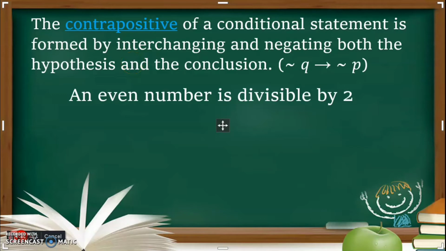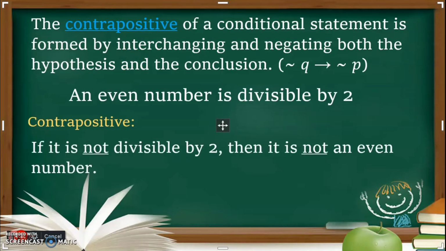So, an even number is divisible by 2, contrapositive. If it is not divisible by 2, ito yung natin Q, di ba? So negative of our Q, if it is not divisible by 2, then it is not an even number.